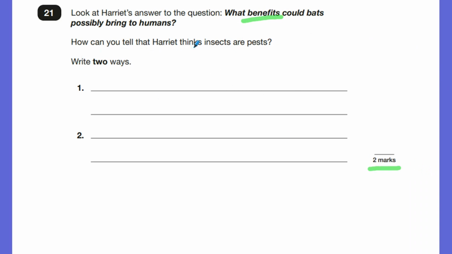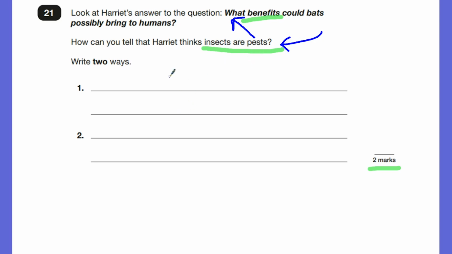How can you tell Harriet thinks insects are pests? Now, this is a very interesting one because you could very easily make a mistake here and answer the question, what benefits could bats possibly bring to humans? But that's not the question it's asking. It's asking how can you tell that Harriet thinks insects are pests?